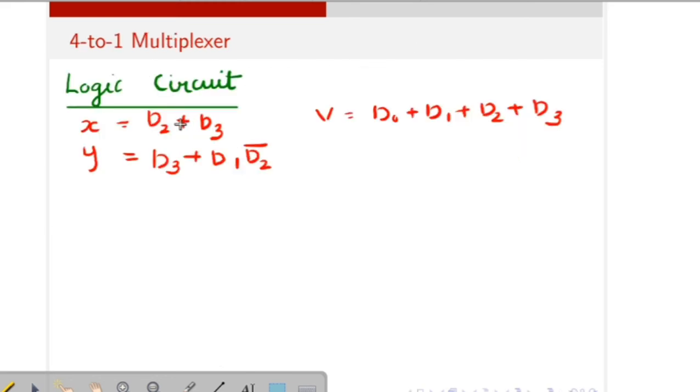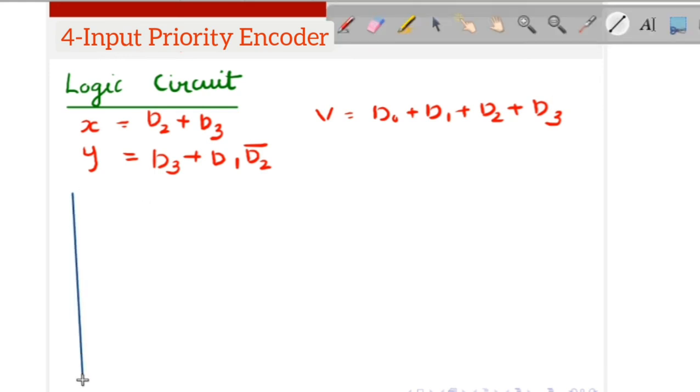Right? Next we can draw the logic circuit for this 4-bit priority encoder. These are the equations that we derived. X is equal to D2 or D3, Y is equal to D3 or D1, D2 bar, V is equal to D0 or D1 or D2 or D3. Okay.